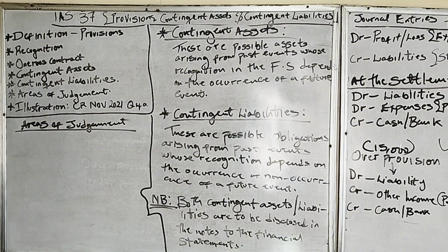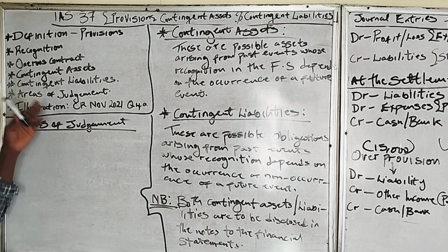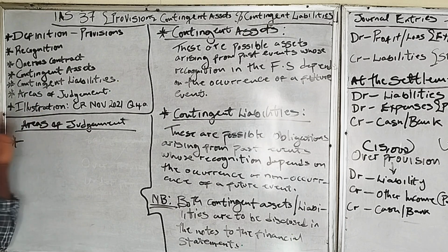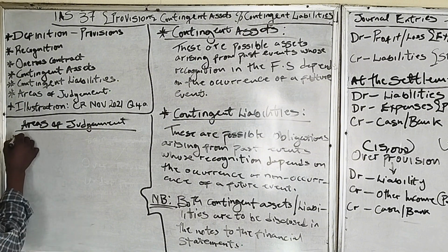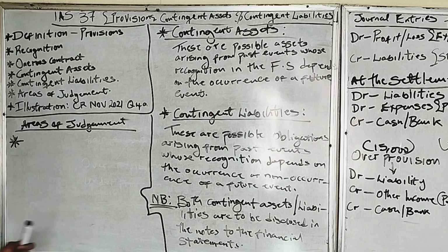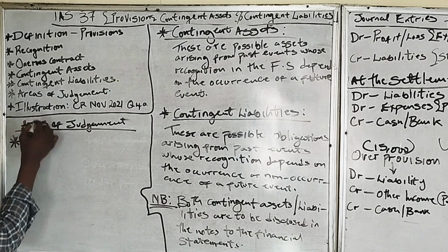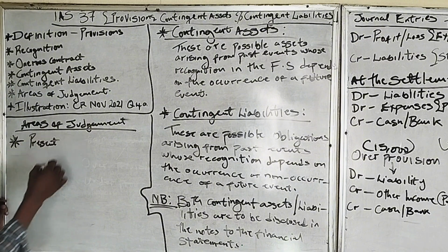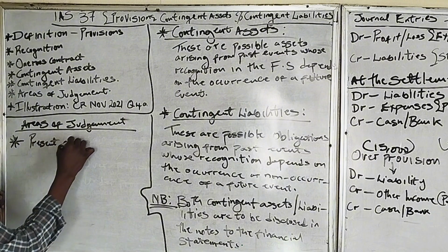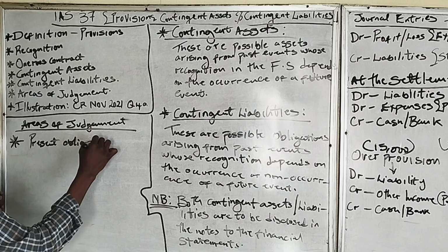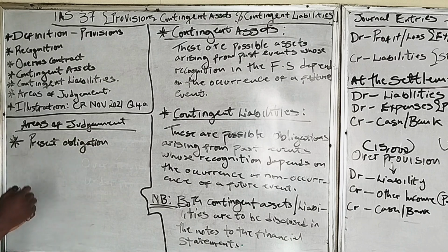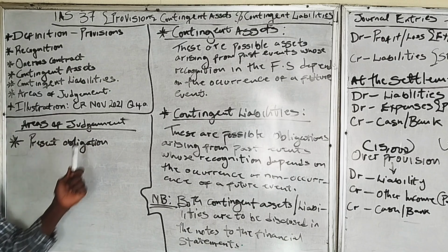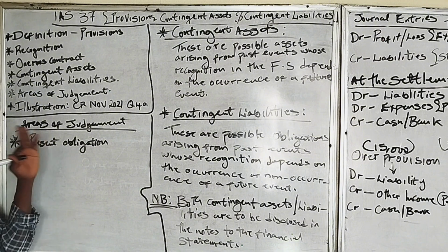One is that you should be able to determine, for provision, if there is a present obligation. So you as a professional accountant should be able to ascertain if there is a present obligation.